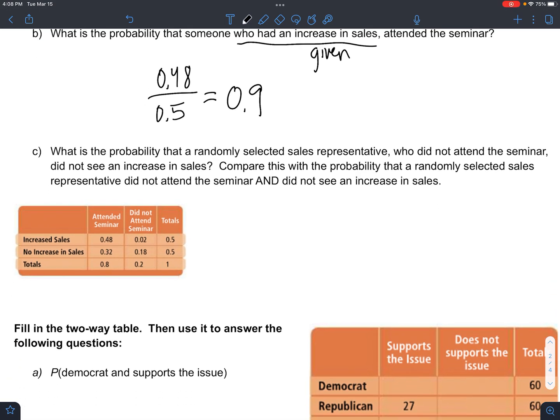Here's another one. This is a compare and contrast. What's the probability that a randomly selected sales representative who did not attend the seminar, that is a given. It's a piece of information that we know before our selection. So if it's given, that would be the probability of no increase in sales given no seminar.